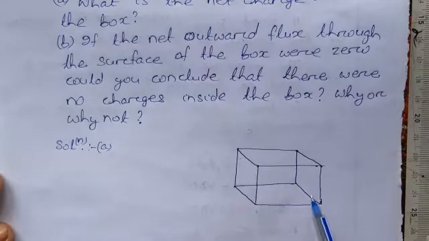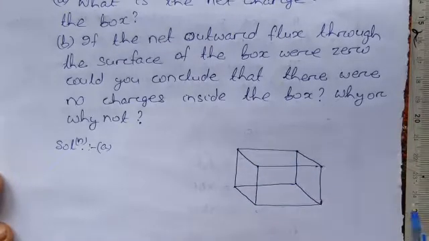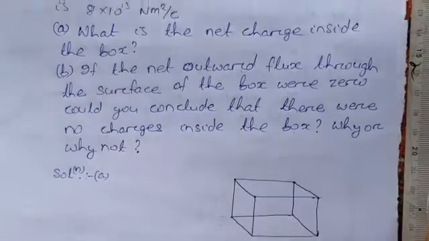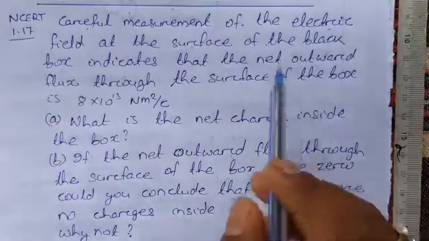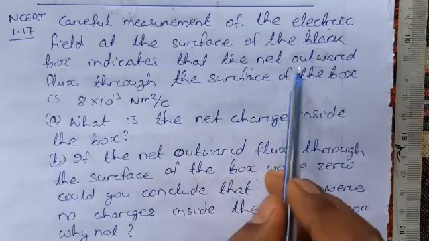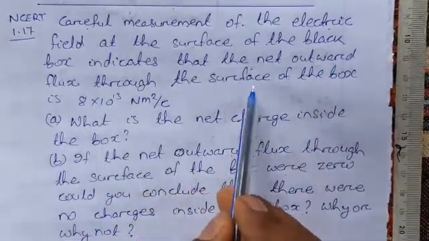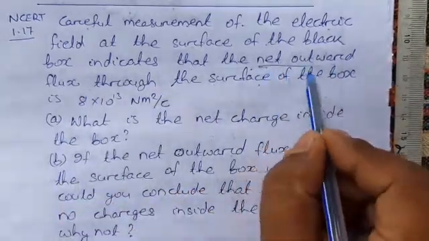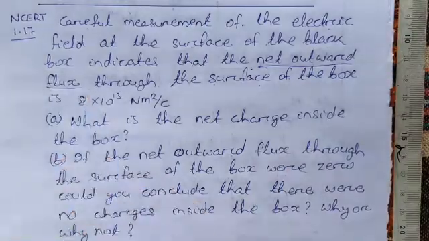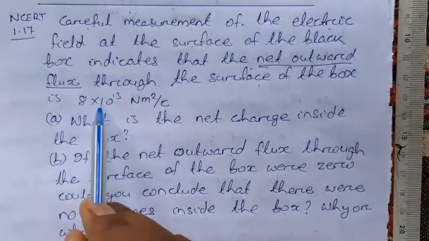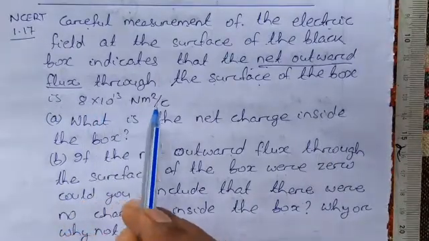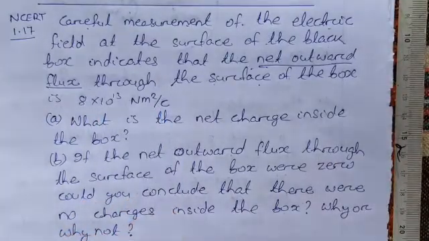On its surface, the six surfaces, there is electric flux. Electric lines passing, means electric flux is given, indicates that the net outward flux through the surface, net outward flux means phi, total phi suffix e, through the surface of the box is 8 into 10 to the power 13 Newton meter square per coulomb.